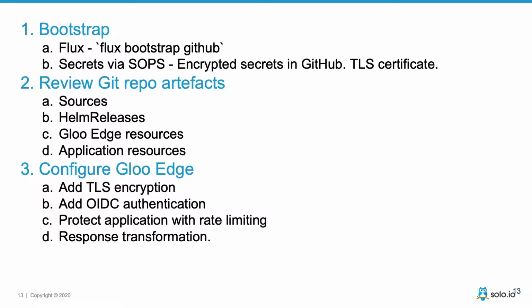And during that process, we'll be adding the TLS encryption to the application. We'll be adding OIDC-based authentication to the application. We'll be protecting the application with rate limiting and also do some response transformation.